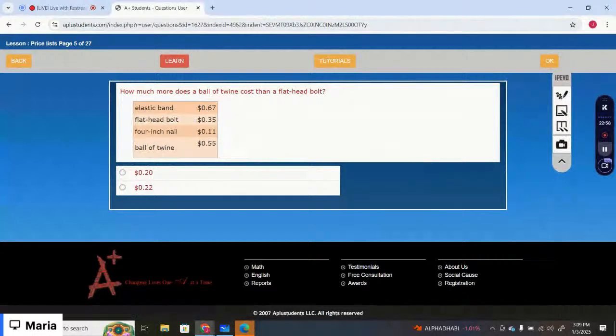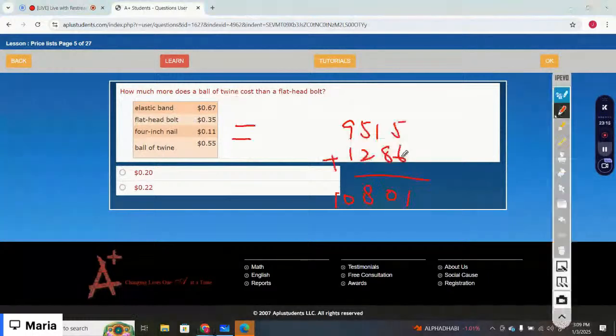How much more does a ball of twine cost than a flathead bolt? The flathead bolt is 0.35 and the ball of twine is 0.55.